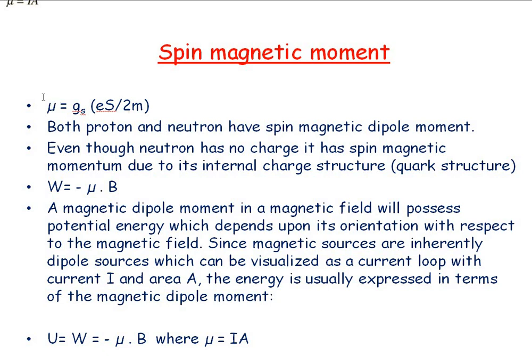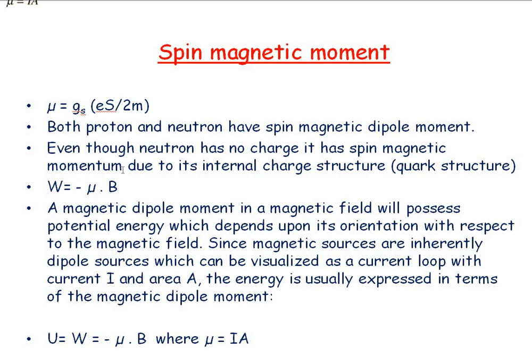So what happens when this particle is placed in a magnetic field? A charged particle which is in motion, when placed in a magnetic field, will acquire some potential energy that is given by W equal to minus mu dot B. This is because the particle has a magnetic moment.